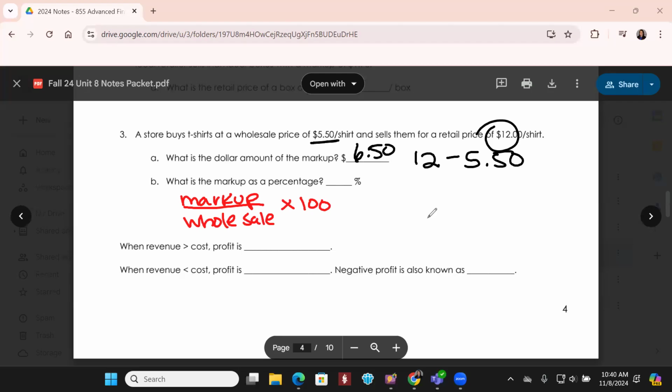So 6.50 divided by 5.50 times 100 is what? 6.50, which is what we just found, divided by 5.50 times 100. Good. Any questions?